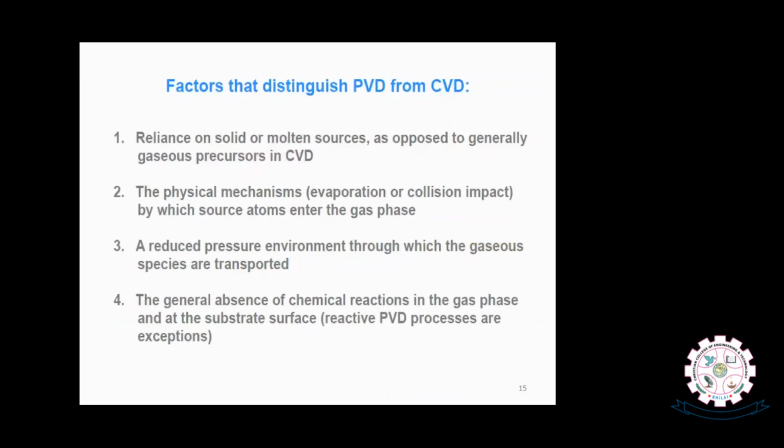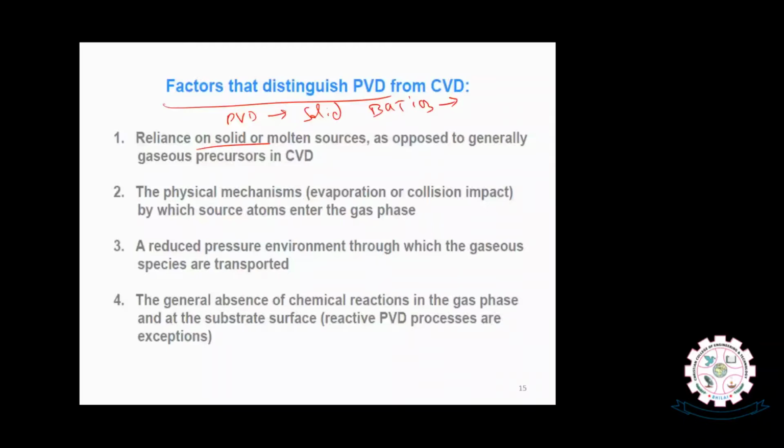Okay, so how do I distinguish between PVD and CVD? What are the fundamental differences between them? If we see here, in the case of PVD, we start with a solid. For example, I want to deposit barium titanate, to make an energy harvester, suppose.